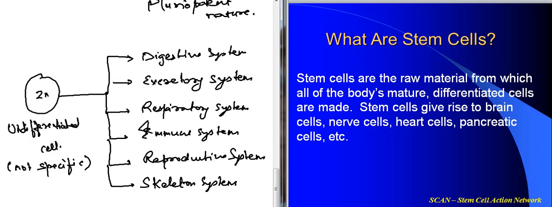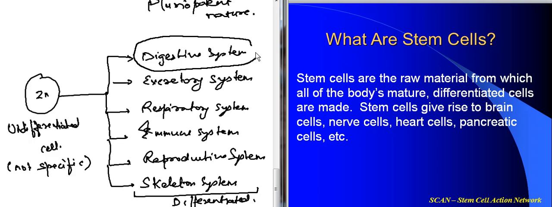Okay, so now these cells are all differentiated cells, because they are doing a particular work. Cells of the digestive system will only confine to the work of digestion. They are not going to do the work of the excretory, respiratory or immune system. All systems are doing independent work. So this undifferentiated cell has a tendency to form any type of system.